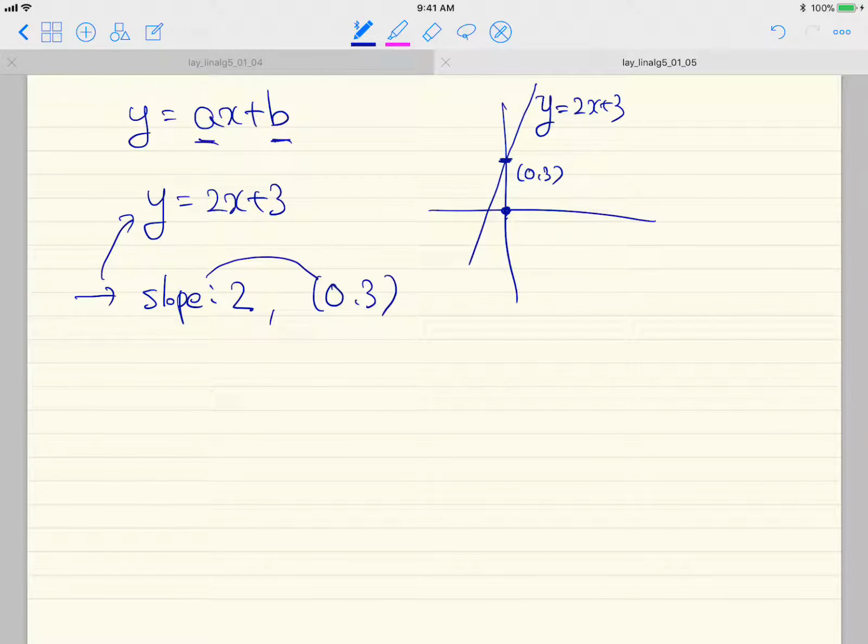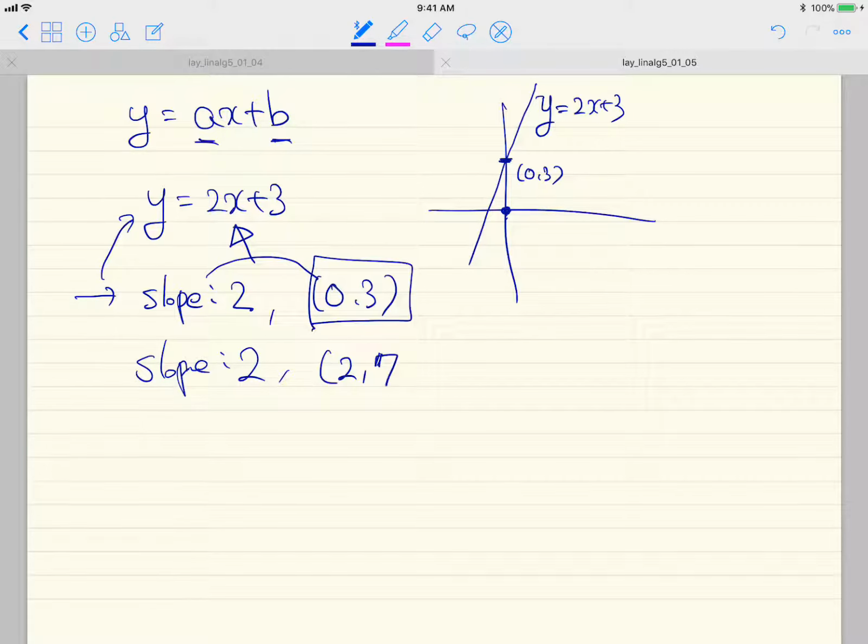And then utilizing these two pieces of information, we can easily form the equation for this line. Or let me give another version of the clues. So we still have the slope as 2, but I'm going to give you another point. Now, instead of giving this point to you, I'm going to give a new point. Okay?